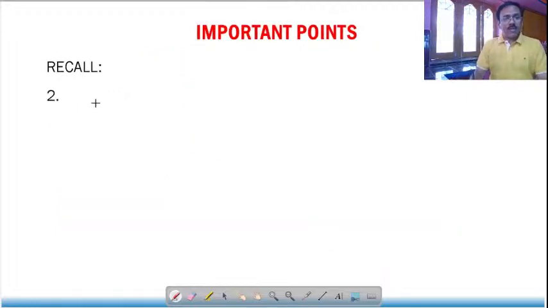Then the second point, dear friends: sine of sine inverse x and sine inverse of sine x are not the same function. Here the domain is just -1 to 1, whereas there the domain is R, and here the range is restricted to minus pi by 2 to pi by 2.